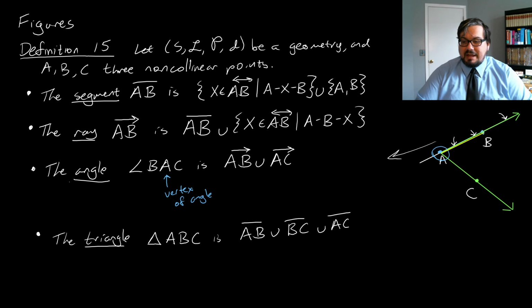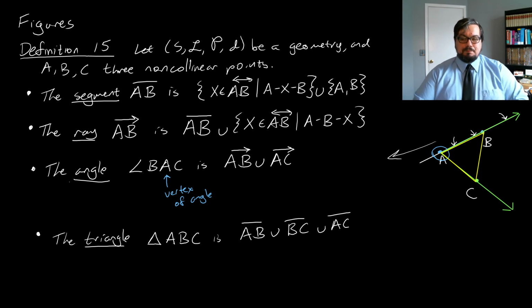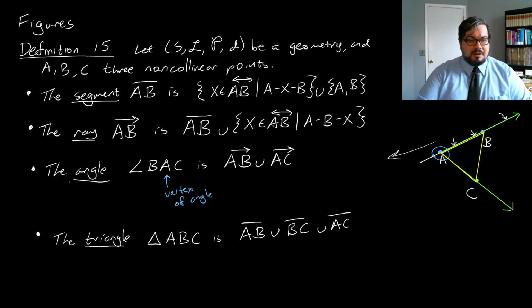So that'd be the segment AB, the segment BC, and the segment AC. And again, the triangle is just the union of those segments. It doesn't include the inside of the triangle. It's just the points on those segments. And we refer to A, B, and C as the vertices of the triangle.